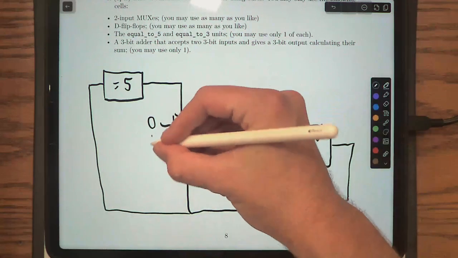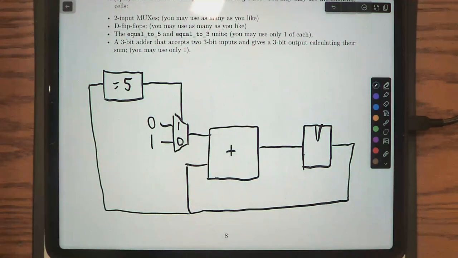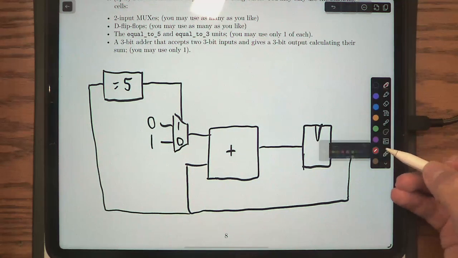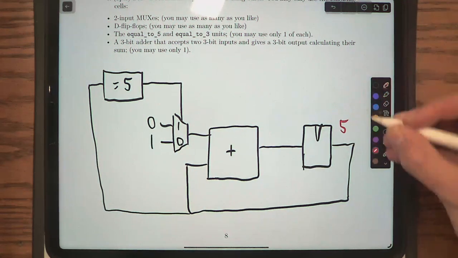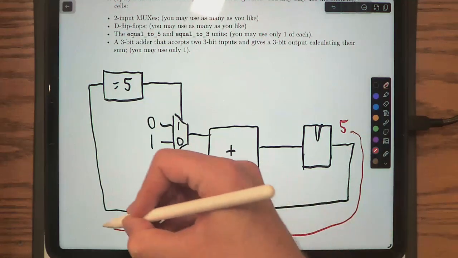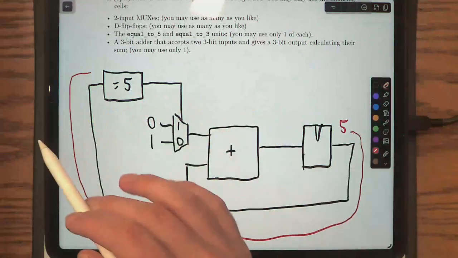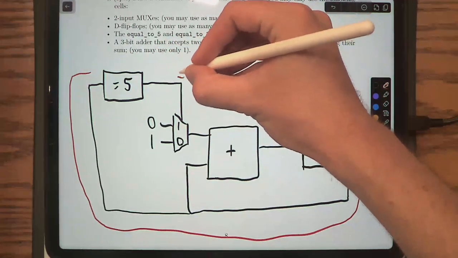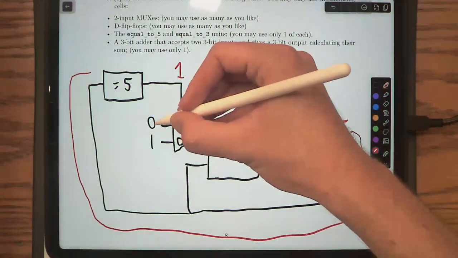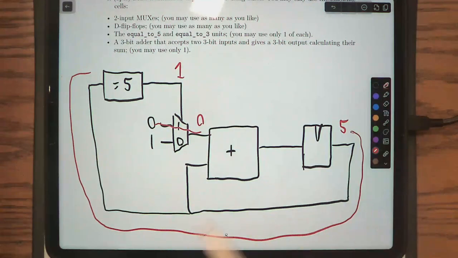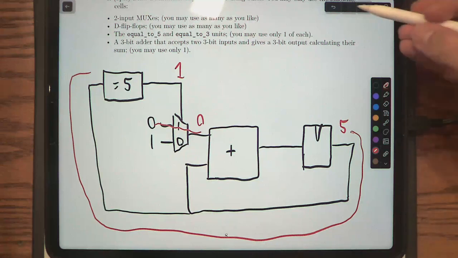Great, so this implements a circuit that will start at 0, assuming we have a reset right here, and then counts up until it equals 5. If the counter is currently at the value 5, it will propagate through and pass into this. Here it does equal 5, so value 1 will be passed in, and we'll take this 0 path. So now we will just be adding 0 to this. There we go, cool. That is the first constraint.